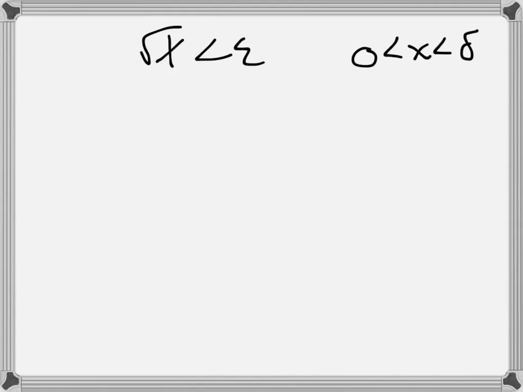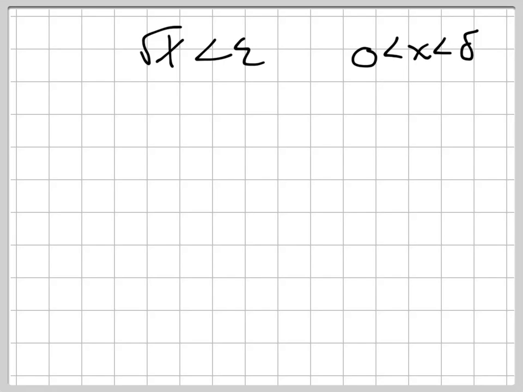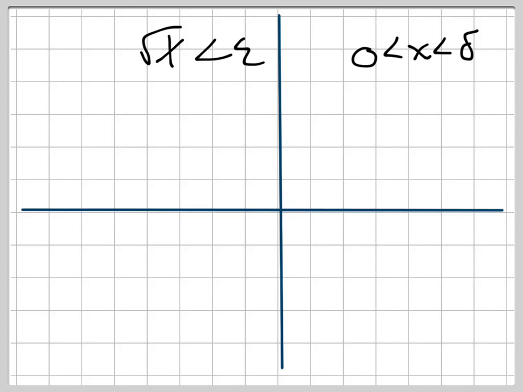So if I were to draw a graph of square roots, let me put some axes up here. Square root goes through (1, 1) and (0, 0). It kind of just looks like this. It still goes up forever, but that's the general idea.